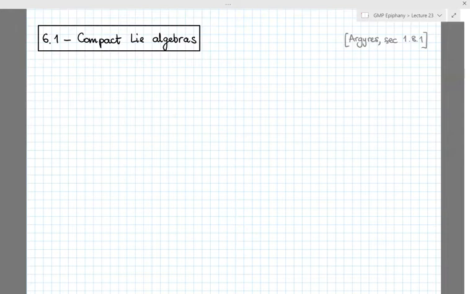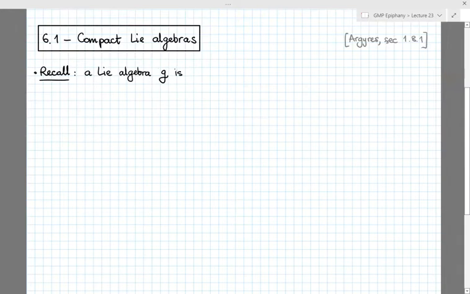All right, let's start by recalling the notion of a Lie algebra. The Lie algebra, which I'll denote as G, meant to be some calligraphic lowercase g.